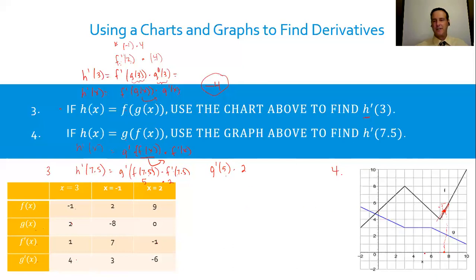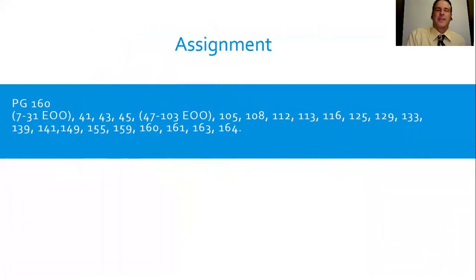And at 5, it's right here. G of 5 would be 3, but it doesn't ask for that. It asks for g prime of 5, which means I need the slope at this location. And you can see that that is a slope of 0. So once again, we have an answer of 0. Mix these problems up. Okay, look at that, we're done.